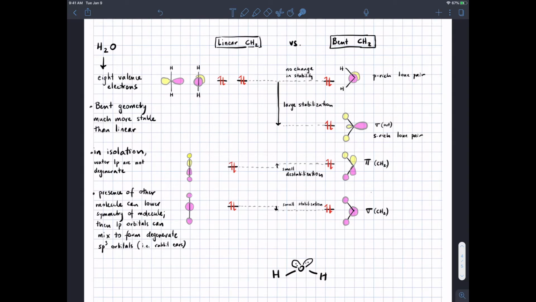But on its own, in the gas phase, what you've got for water is a lone pair that is rich in s character and points sort of directly out away from the oxygen, and then a lone pair that is orthogonal to that one that has p character.